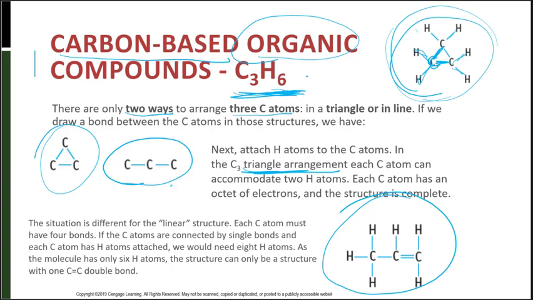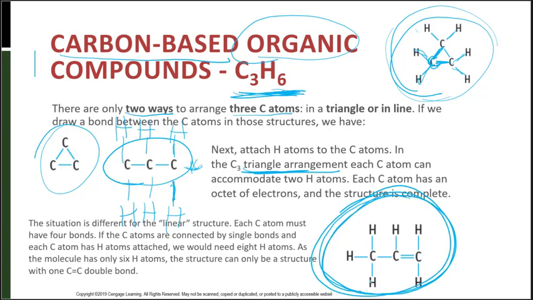If I had 6 hydrogens off of my linear structure, 1, 2, 3, 4, 5, 6, notice that my end carbons are not happy because there's only 3 bonds on each of those end carbons. And if I did my electron count, it would not align. I would need to have a double bond for all the carbons to be happy. So this one would take a little bit more work to figure out the electron count and have that double bond.